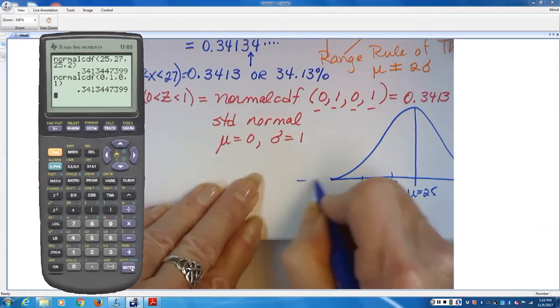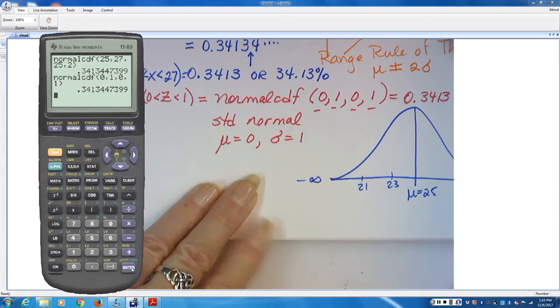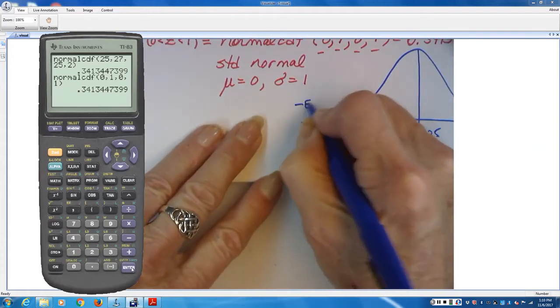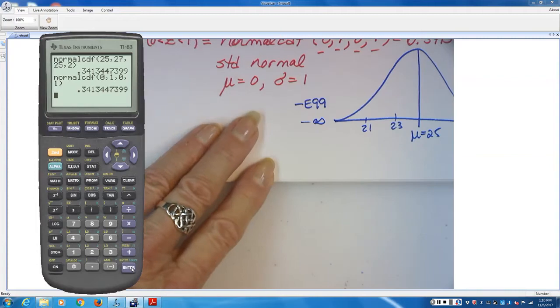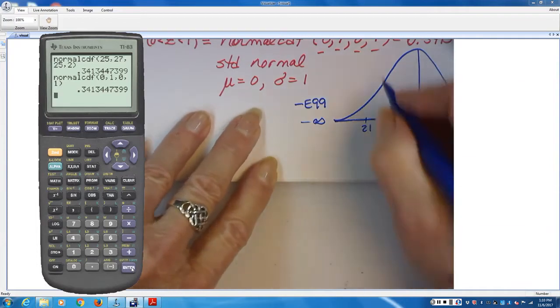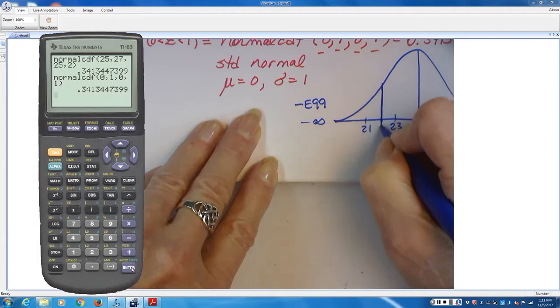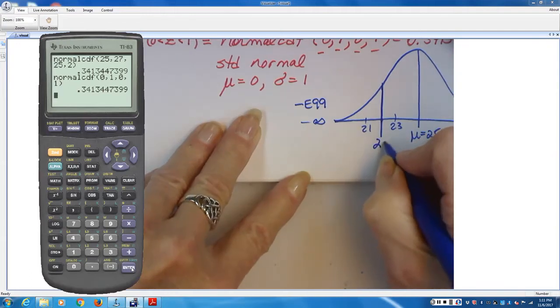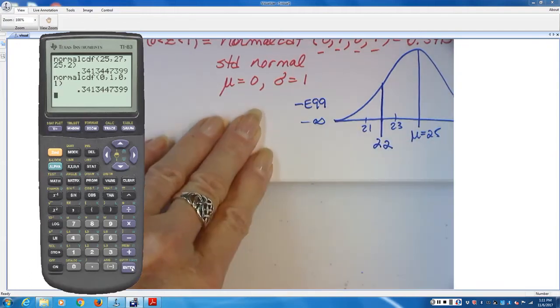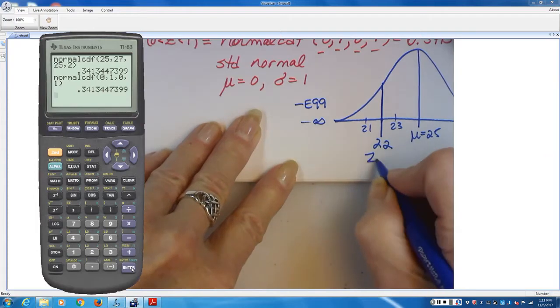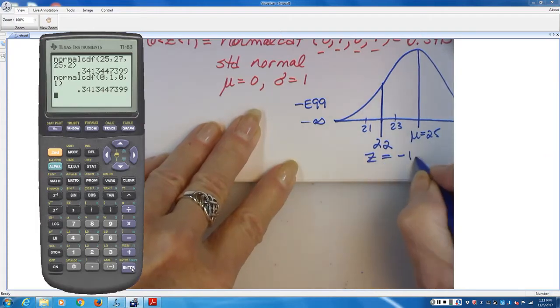Okay, down here we have negative infinity, and we refer to that as negative E99, or negative 1 E99. 22 is about right here. So we are at 1 1/2 standard deviations. That z-score would be negative 1.5.